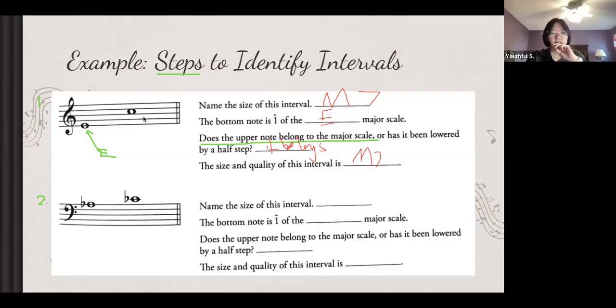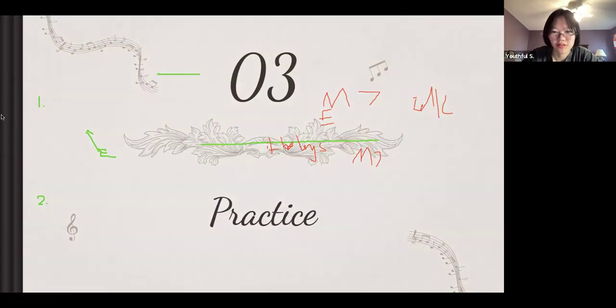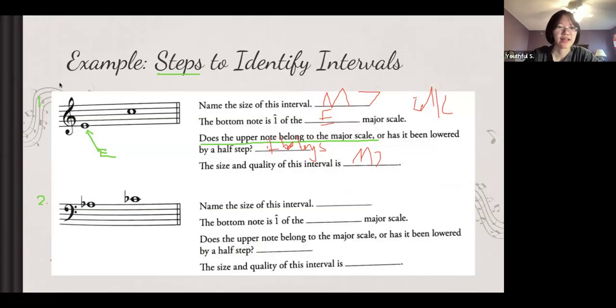Ethan, are you done? Okay, so I don't know if M is part of the size, but okay, let's see. Okay, be careful when counting the size.